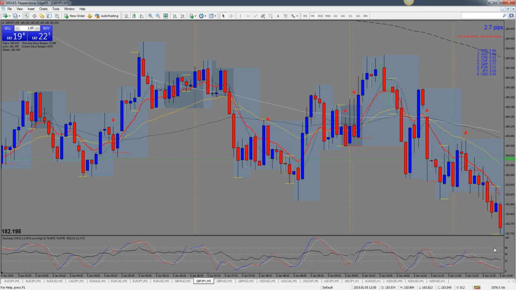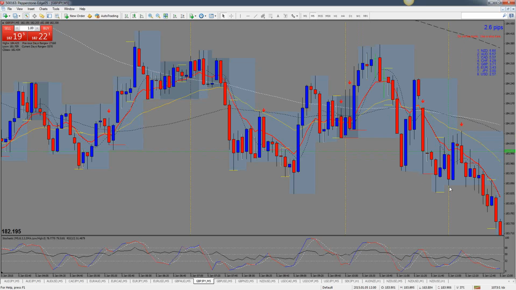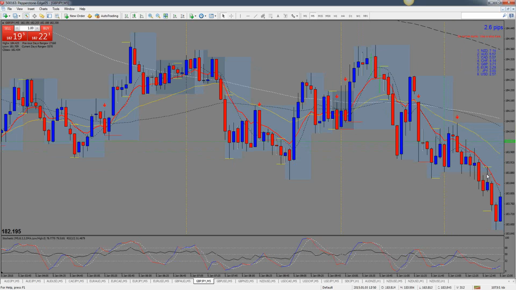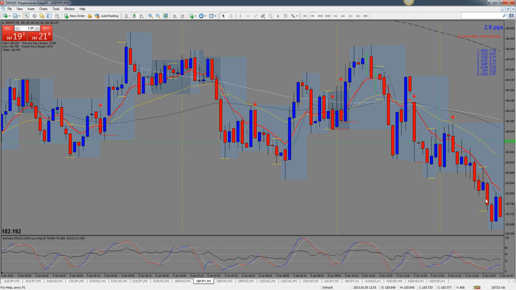We're looking for shorts, obviously, because our 200, our 180, our 90 are all in a downward direction. Now there's a few other trades in here that I would be looking at, but here we have an inside bar. We would look at our last swing low.